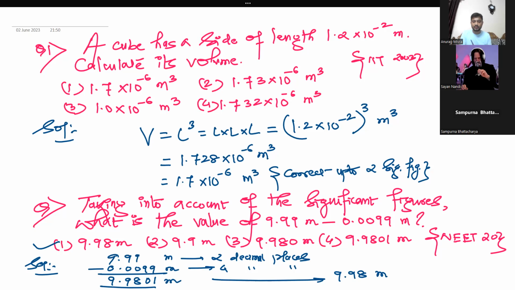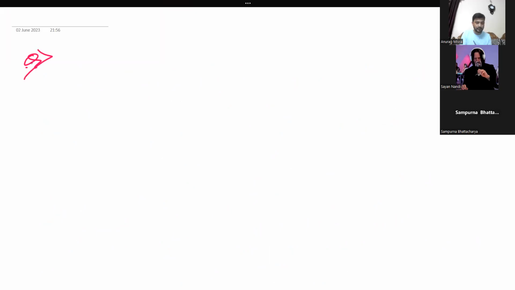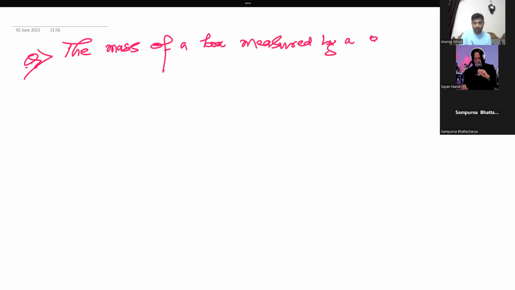Try out the next one. The next one is saying that the mass of a box measured by the grocer's balance, which means the shopkeeper's balance, right, is 2.3 kg.